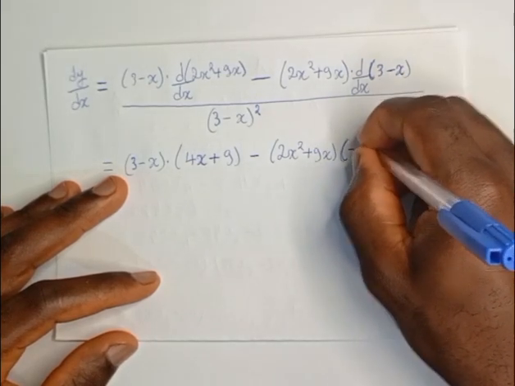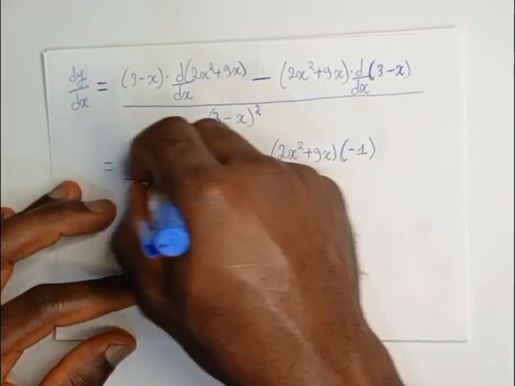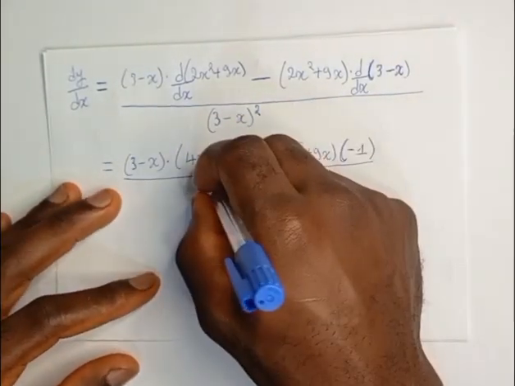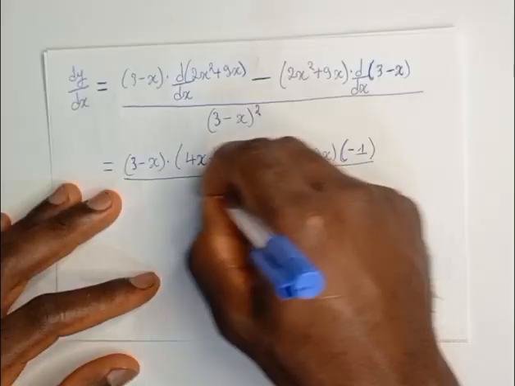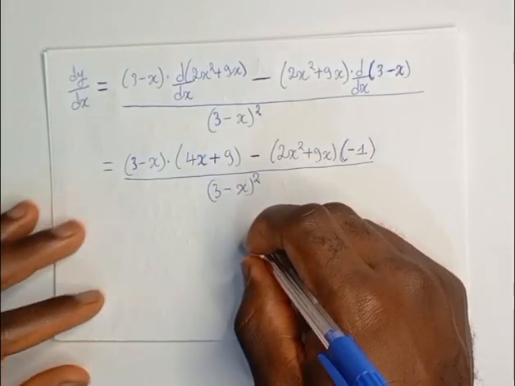This will give us negative 1, all over 3 minus x, all this squared.